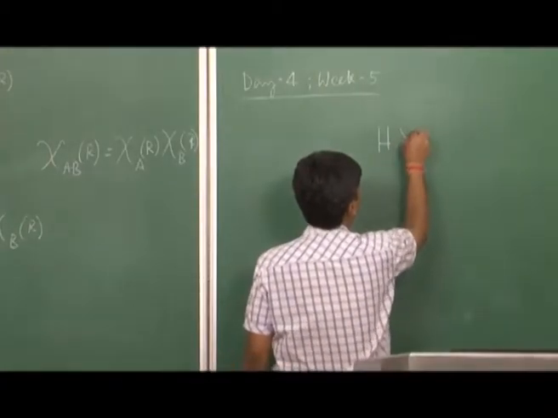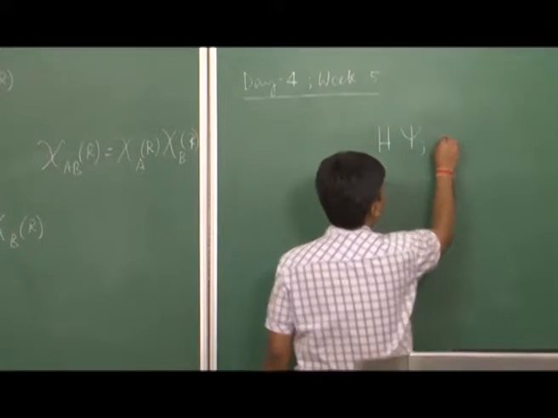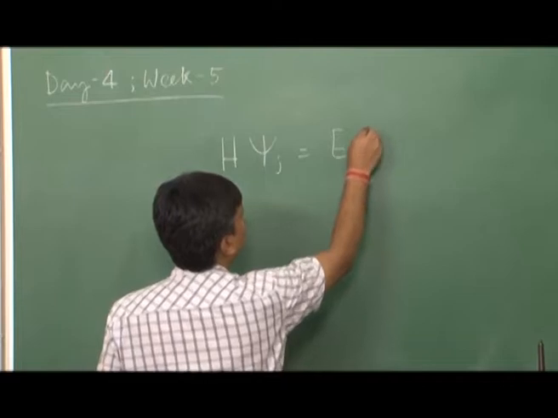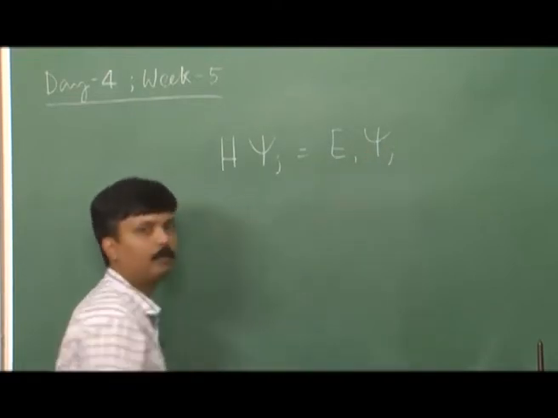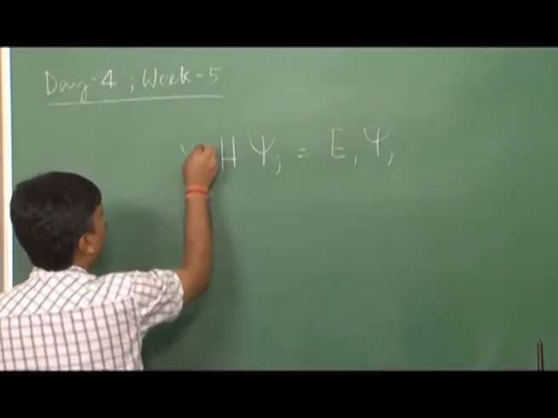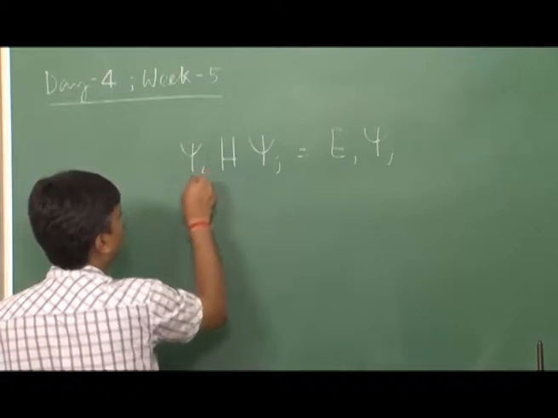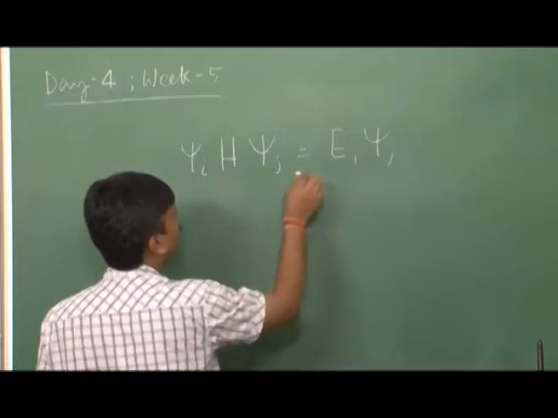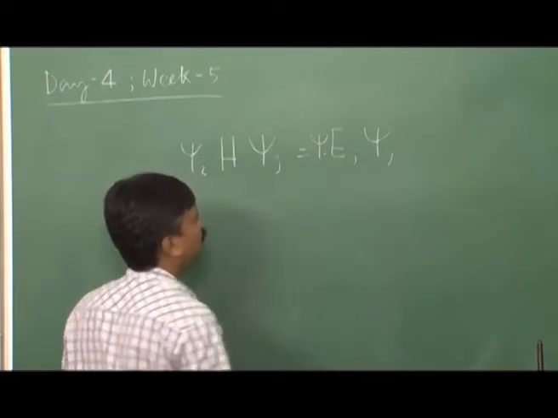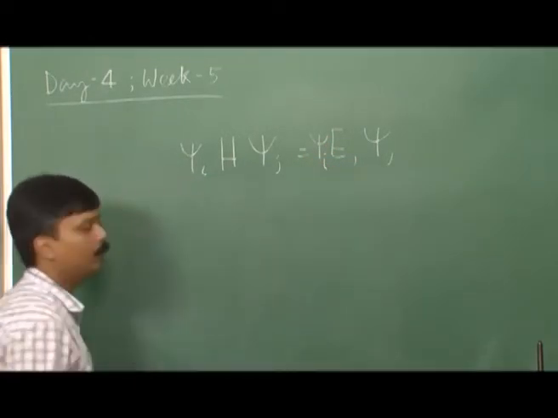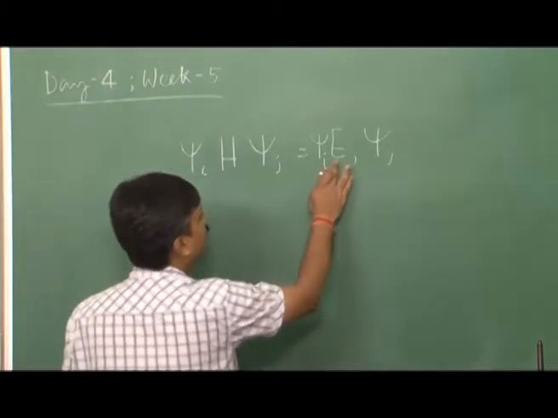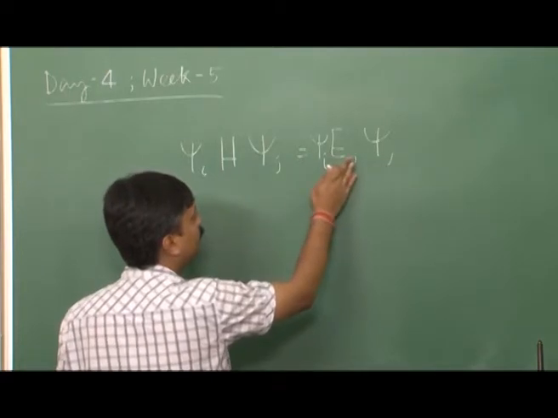So, you have say H psi_j equals E_j psi_j, right. Now, if you multiply both sides by psi_i, okay, and then you integrate. So E being a constant, I can easily shuffle this one.